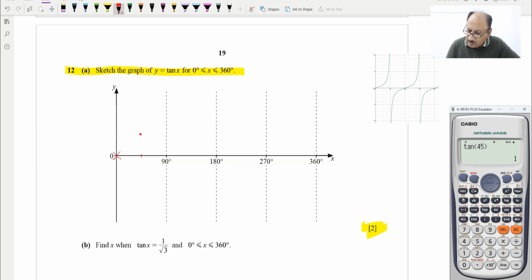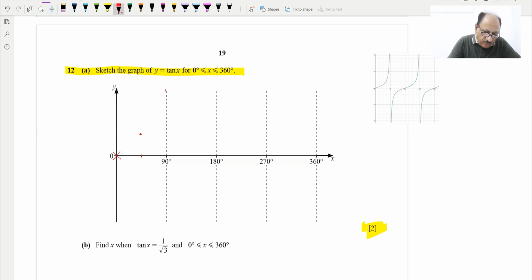If we check tan of 90 degrees, this will be a syntax error. If you check 89, it's giving a huge 57 point something, so the curve is moving up. I will erase this and redraw. It's moving up, and this side is going down and passing through this point.